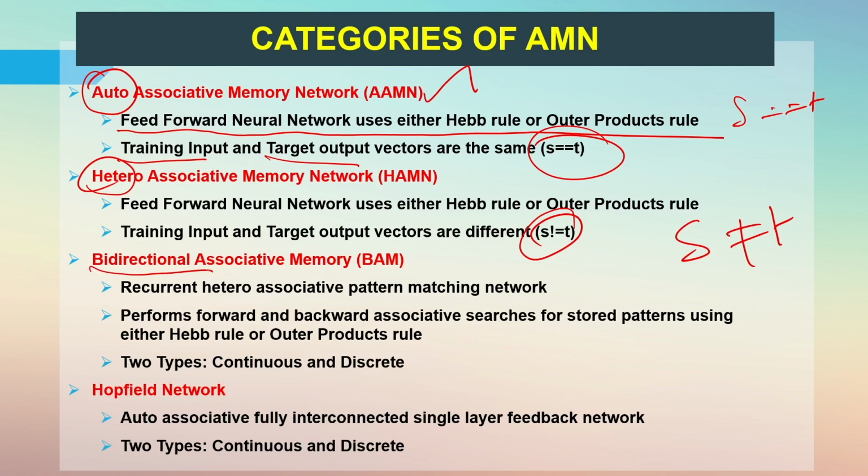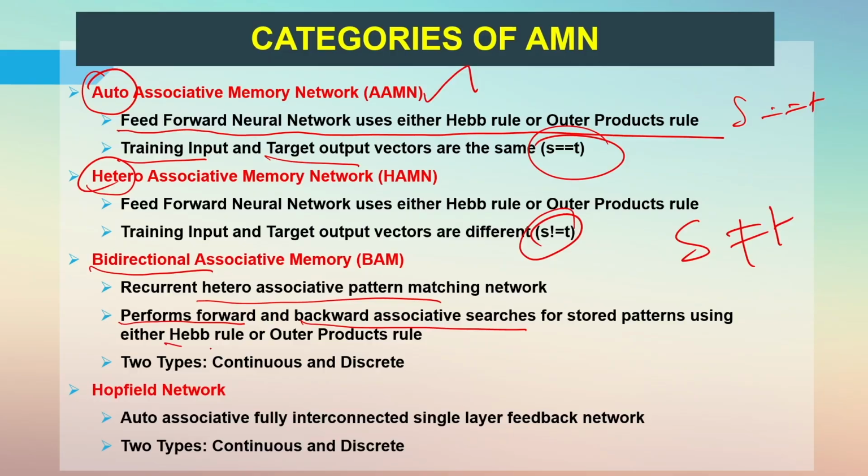And what is bidirectional? This is two-way, like a recurrent model. It is also a hetero-associative network, but it is a kind of two-directional network. It means it performs both forward as well as backward searches for the stored patterns during the recall process.